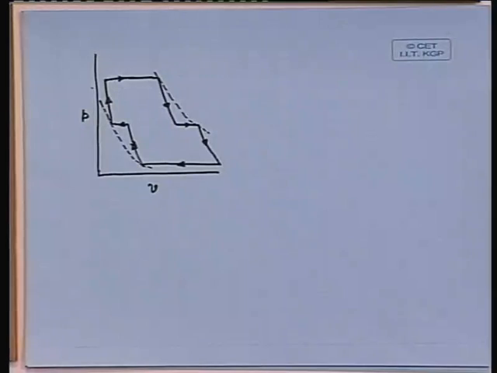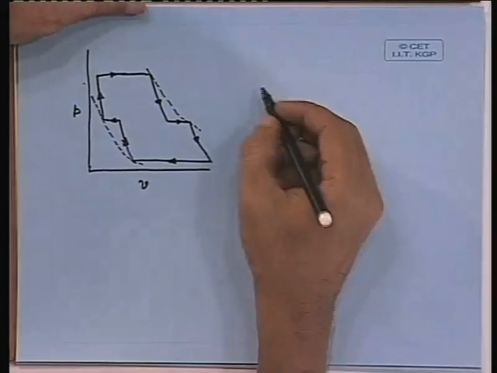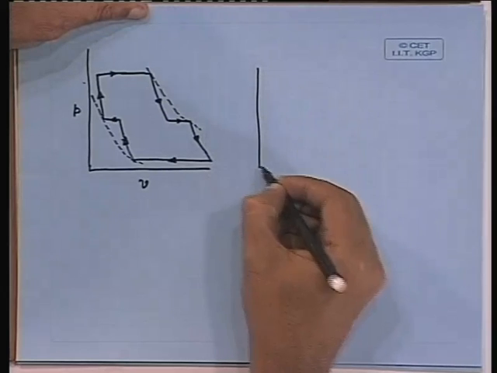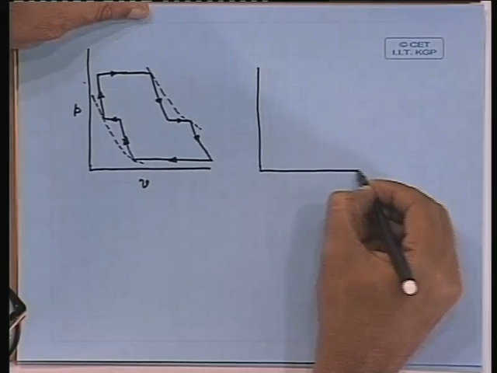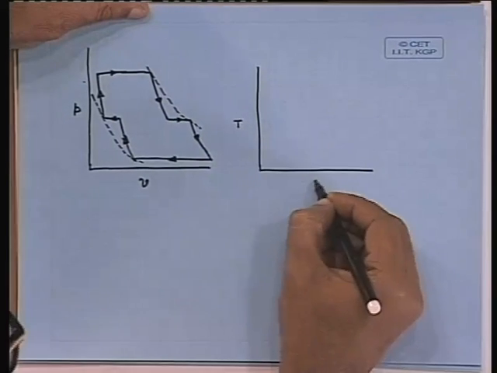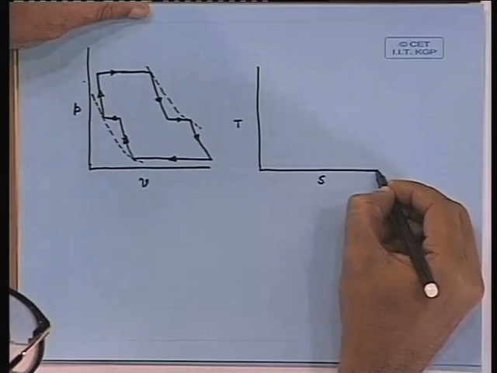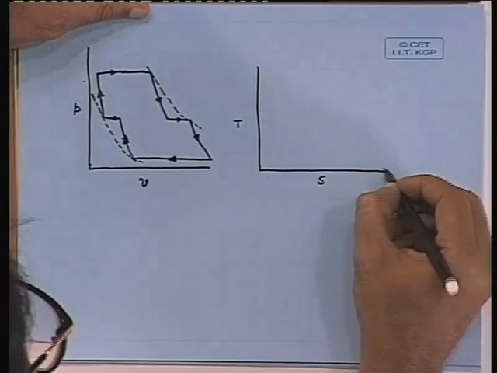Okay. Now, if we show this process on TS diagram, how does it look? So, this is TS plane.